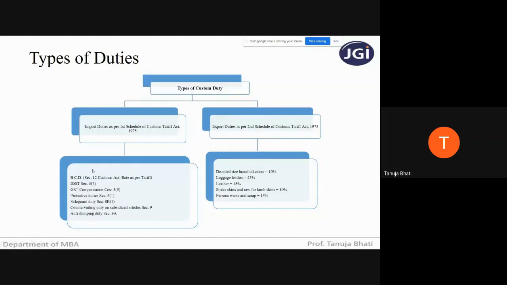In this session, you have just understood why these duties are charged, what they mean and when they are charged. In my succeeding lectures, when I deal with assessable value or valuation of imports, I will explain the assessable value on which such duties have to be charged. Is this clear, students? Yes, students?